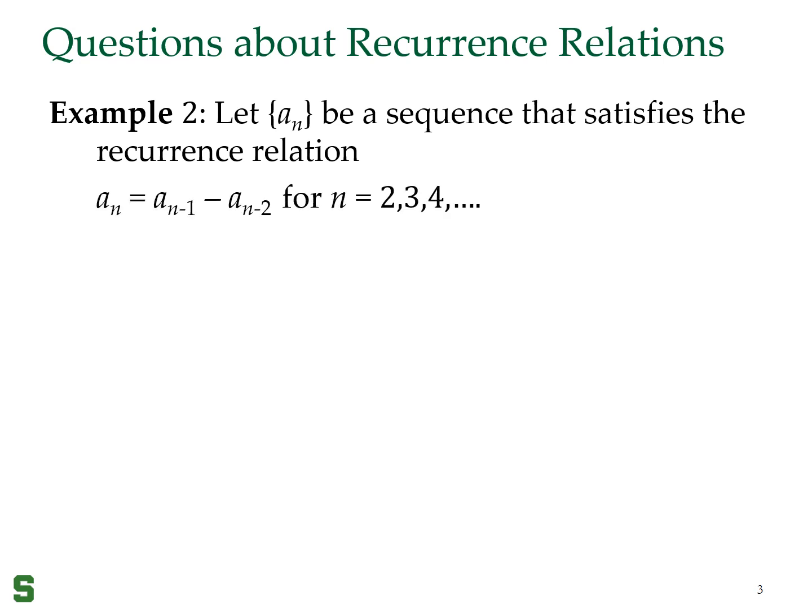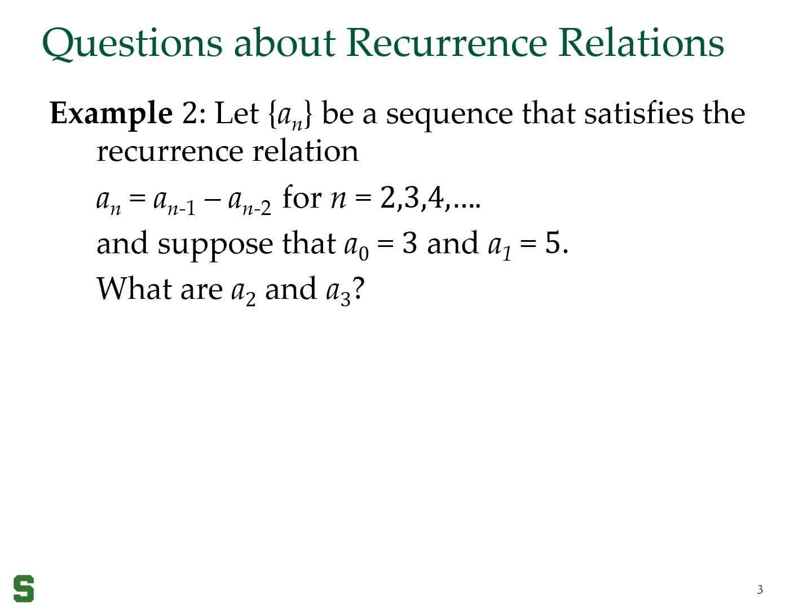Here is another example. Here I have a_n is a_(n-1) minus a_(n-2). And now the recurrence relation talks about two previous terms, so I need to define two initial terms so that I can keep finding subsequent terms. So here a_0 is 3, a_1 is 5.